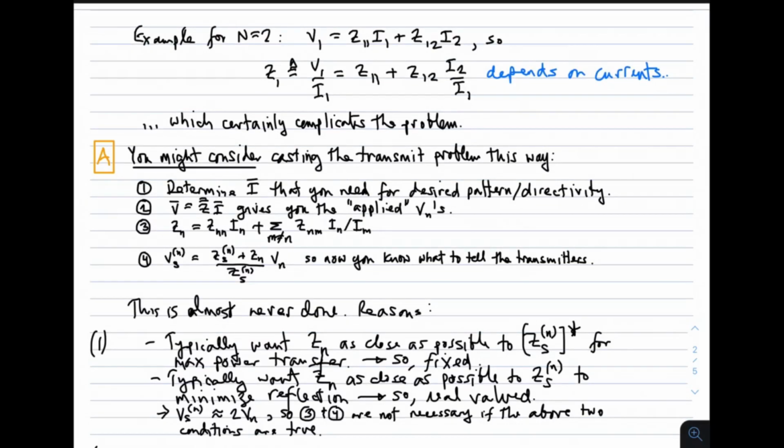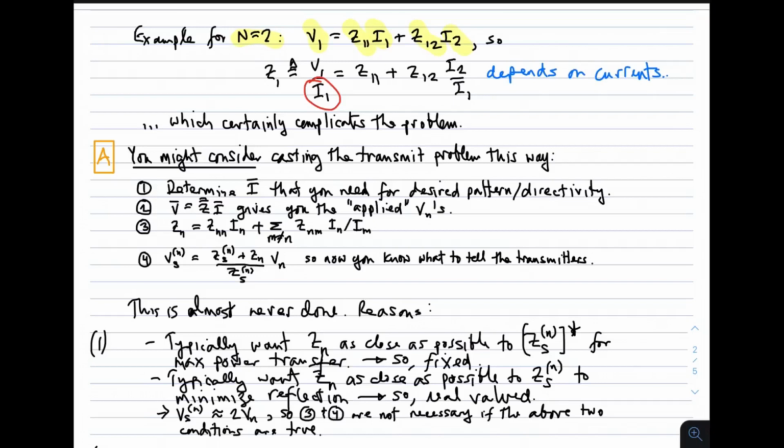So just to say a little bit more about what this active impedance looks like, again, we could take the two antenna example where the voltage on antenna 1 is given by the linear combination of currents I1 and I2, combining factors consisting of a self-impedance and a mutual impedance. And then we could take this and divide the whole thing by I1.